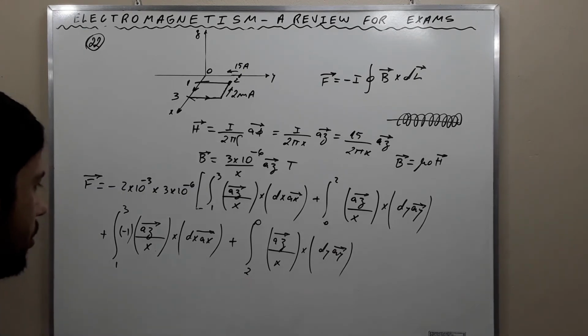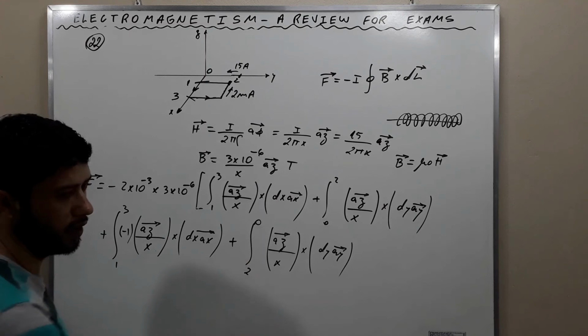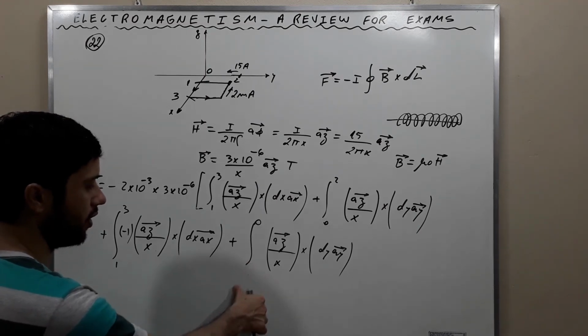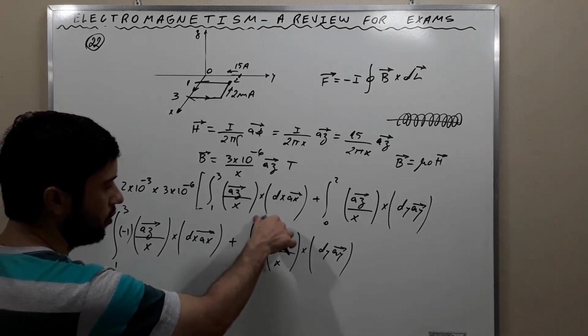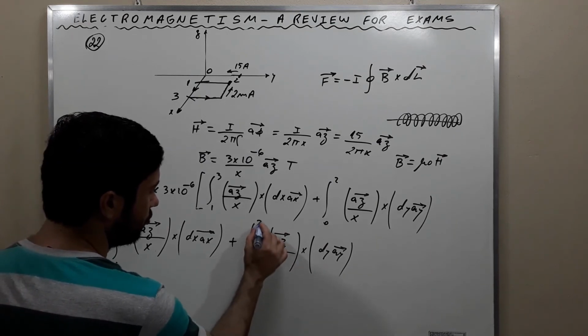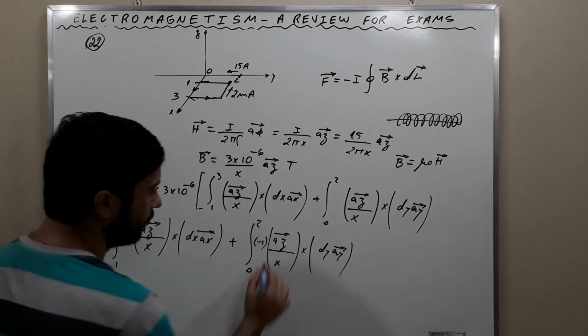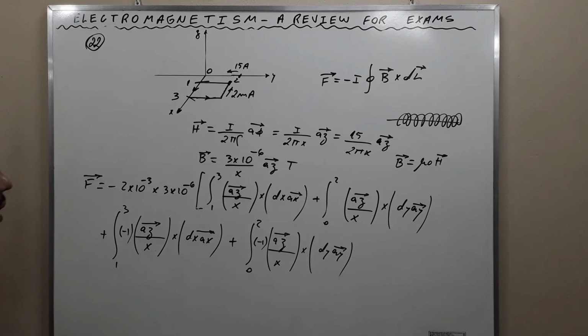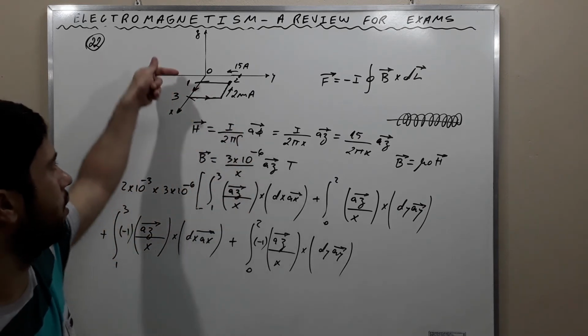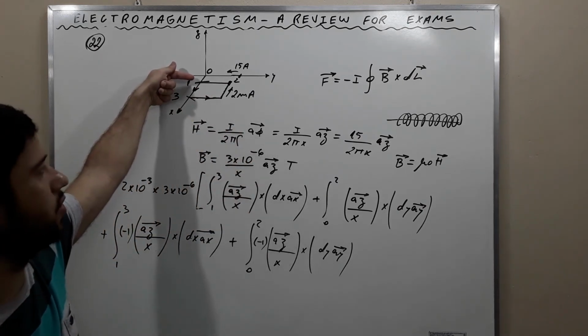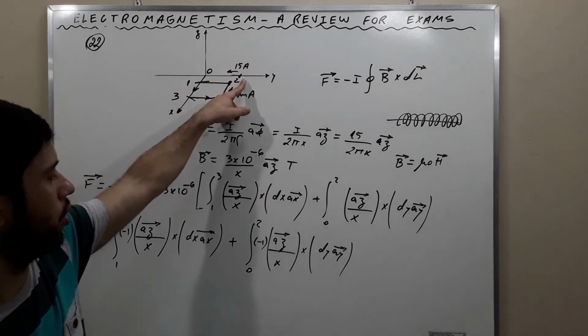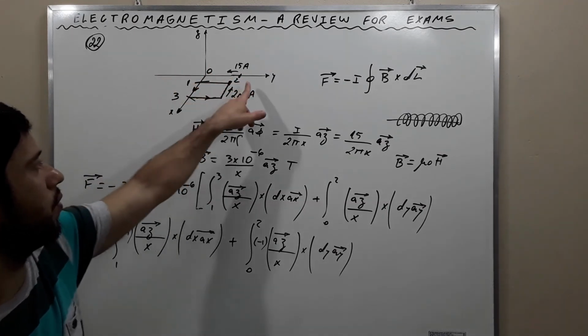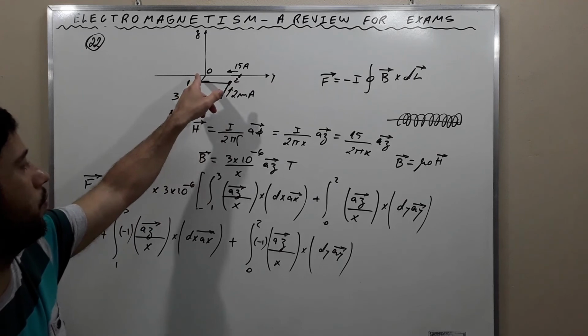I could have integrated from 0 to 2 and accounted for the direction. We are not integrating in the y direction from 0 to 2. Observe that we are integrating from 2 to 0.